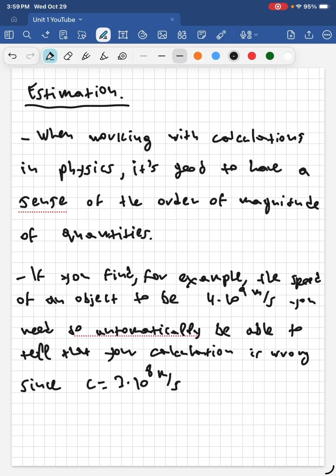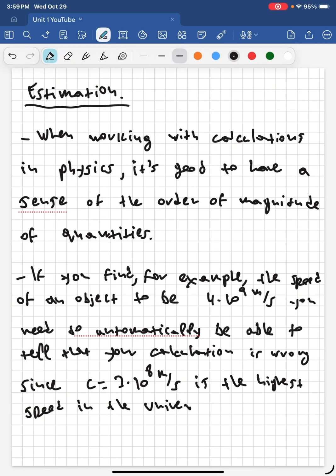That's the speed of light, and that's the highest speed you can have in the universe. Okay, so this is what I mean by estimation.